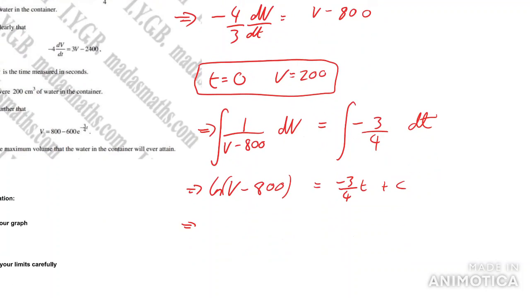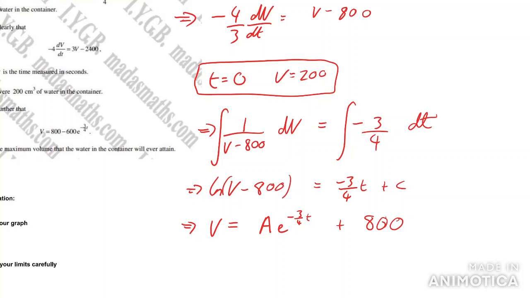Rearranging that to get V as the subject, we get V is equal to, treating e to the c as just a constant A, A e to the minus 3 over 4 t plus 800. Okay, and that looks reasonable.